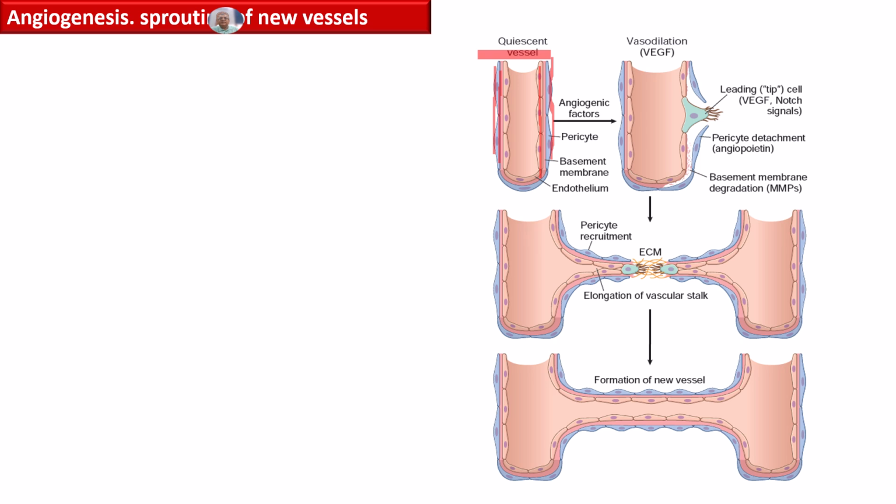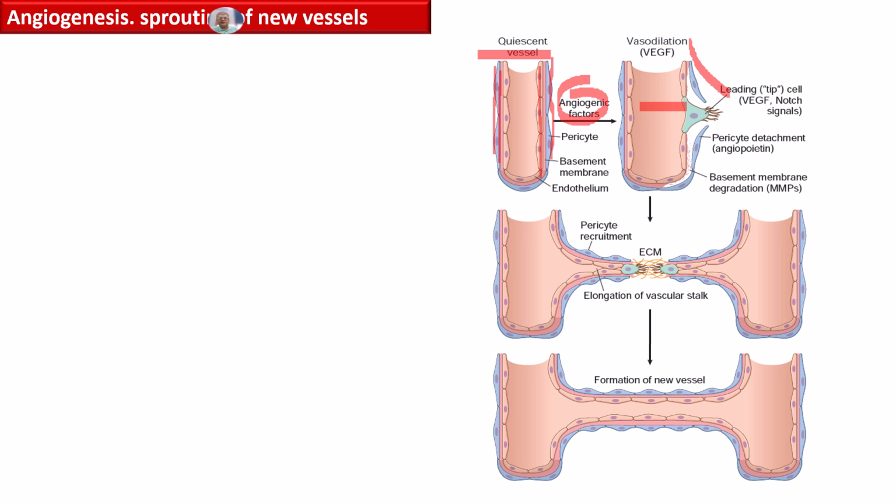So under the influence of the angiogenic factors, the stimulus for angiogenesis begins. These angiogenic factors may be VEGF, vascular endothelial growth factor. So there is detachment of the pericytes as well as vasodilation.